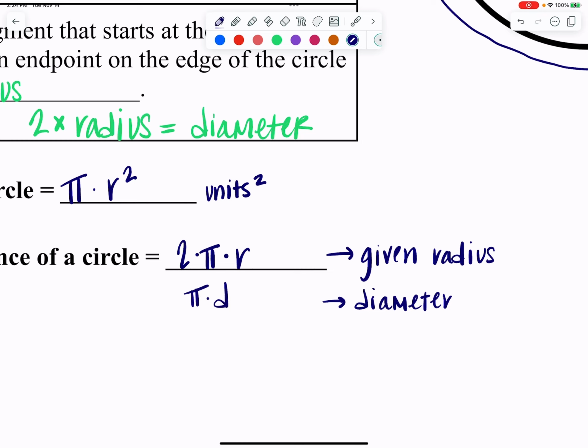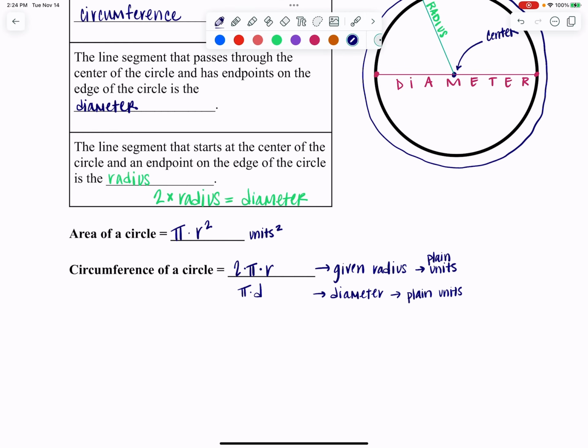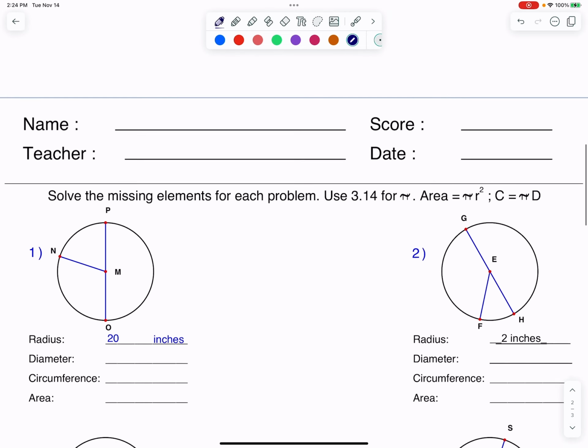Either one of those will get you there. And when we're talking about circumference, our units are just going to be plain old units. So it's going to be centimeters, inches, feet, no squared. Nothing fancy. So let's go use it.